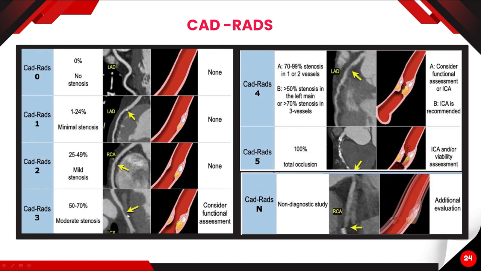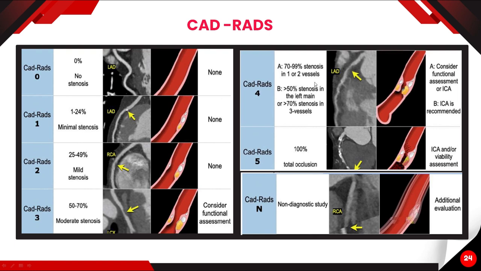When the soft plaque causes stenosis of 50 to 70%, then it is interpreted as moderate stenosis, and it is categorized under CAD-RADS 3. CAD-RADS 4 is further divided into CAD-RADS 4A and CAD-RADS 4B.